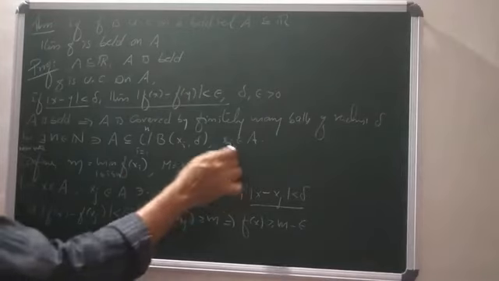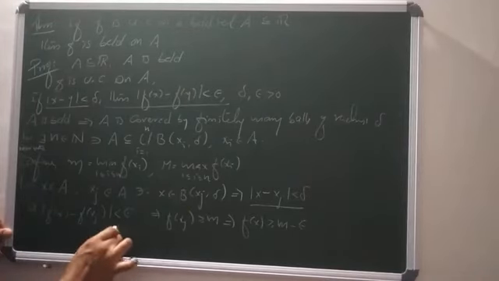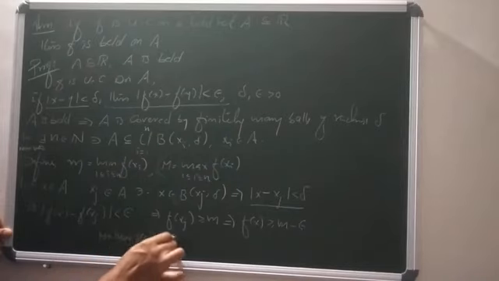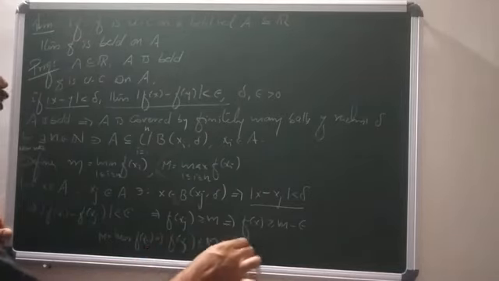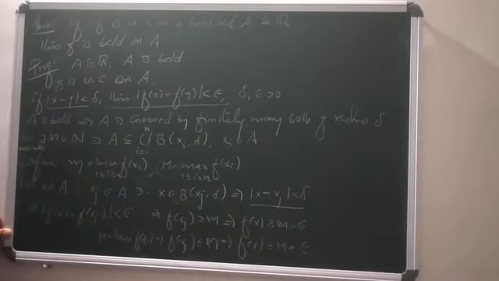Again, since capital M is the maximum of f of x_i, this implies f of x_j is less than or equal to capital M. That means f of x is less than or equal to capital M plus epsilon.